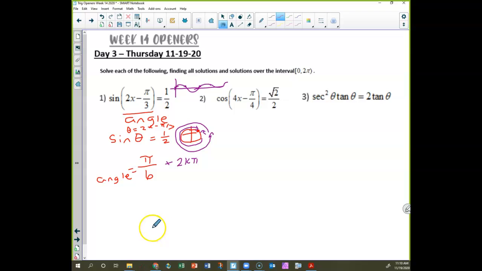Abigail, what else do I take the sine of and get a half? Right, so over in the second quadrant, that's where sine's going to be positive. My angle also might be 5 pi over 6. So what I take the sine of might be 5 pi over 6 plus my multiples of pi.